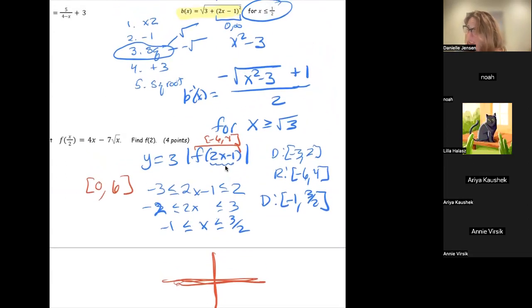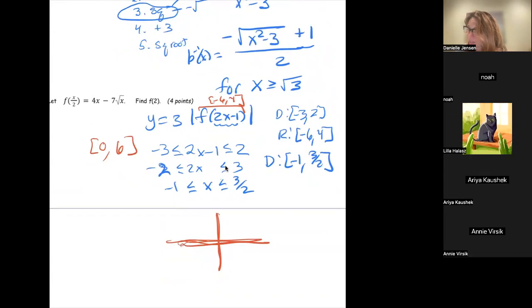So I would draw a sample graph for myself. If the original graph had a range of -6 to a high of 4, then doing the absolute value means this stays exactly the same, and this -6 comes up as +6. So that's how my new graph would look. Looking at this purple piece, the range would be 0 to 6. That's the absolute value piece.